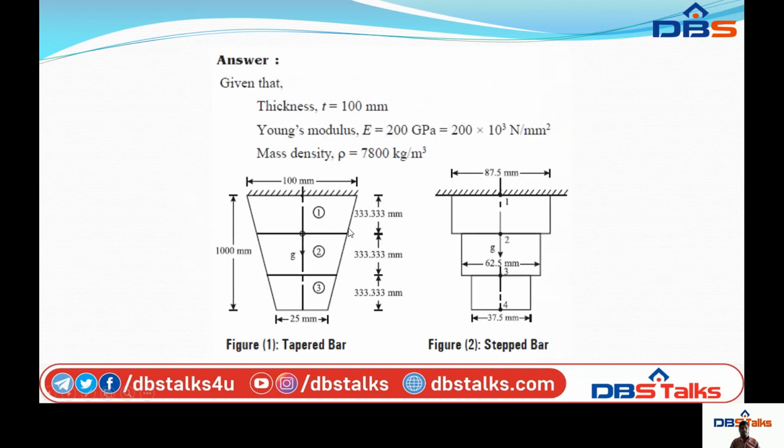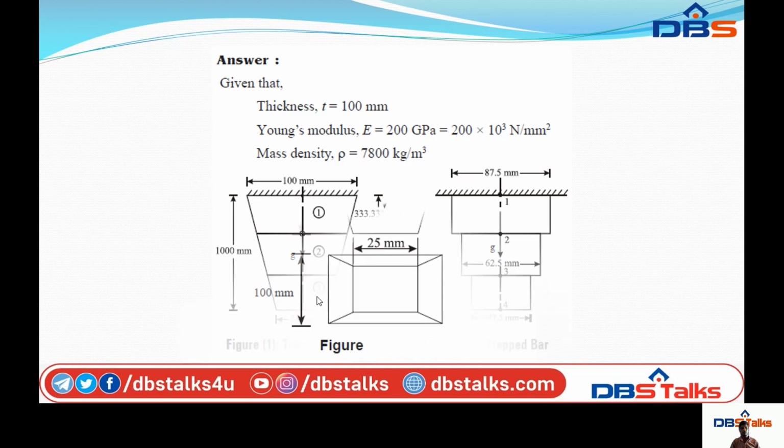Previously, I told you that for every element there are 2 nodes. For the first element, 2 nodes. For the second element, 2 nodes. For the third element, 2 nodes. For element 1, nodes 1, 2. For element 2, nodes 2, 3. For element 3, nodes 3, 4.